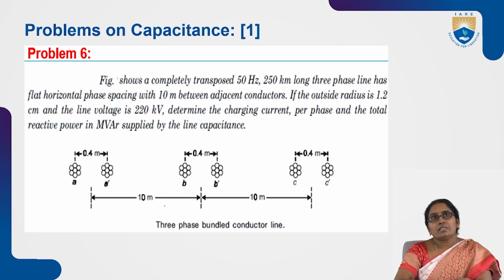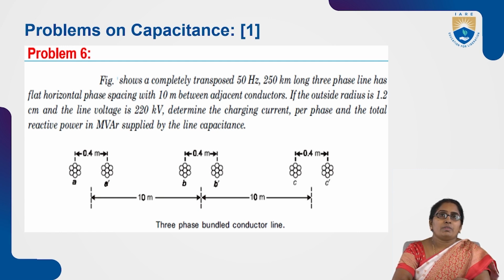The outside radius of the conductor is 1.2 centimeters and the line voltage is 220 kV. Now determine the charging current per phase and the total reactive power in MVAR, megavolt amperes, supplied by the line capacitance.